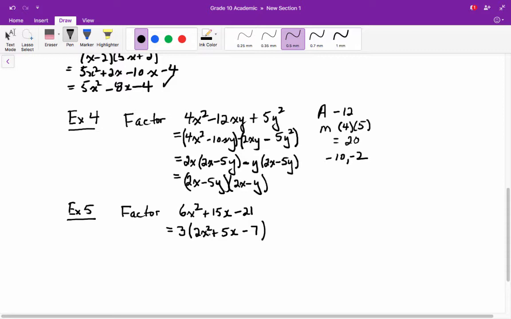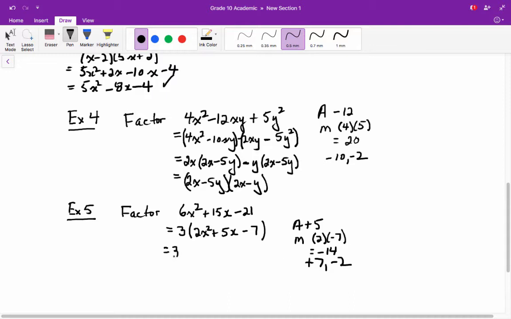And then we try to factor this trinomial, looking for two numbers that add to 5 and multiply to 2 times negative 7, which is negative 14. The numbers that add to 5 and multiply to negative 14 are plus 7 and negative 2.